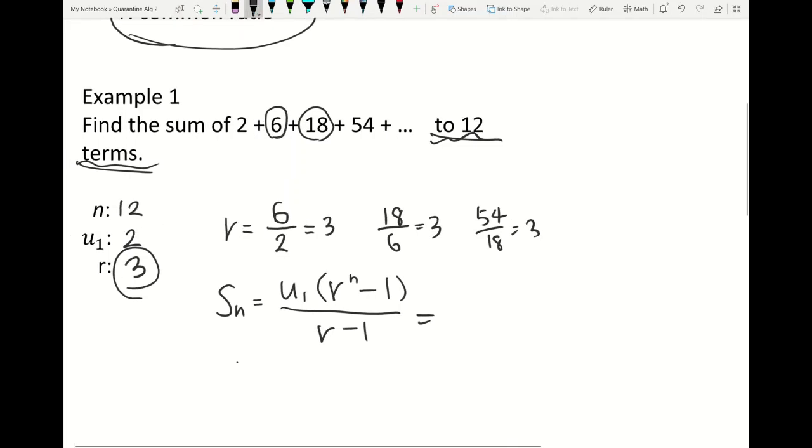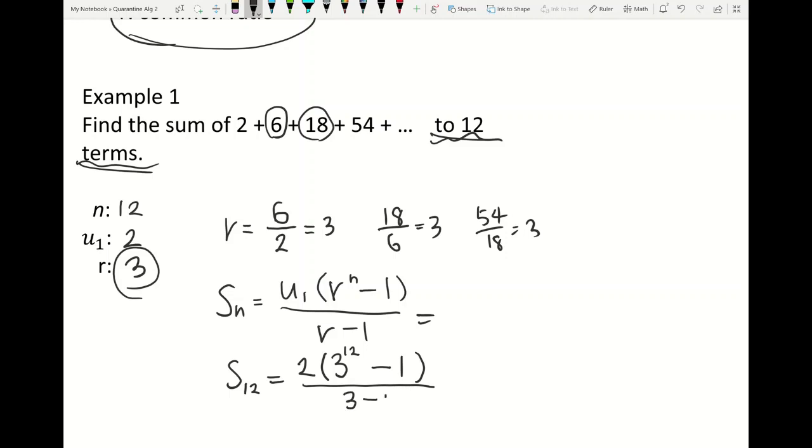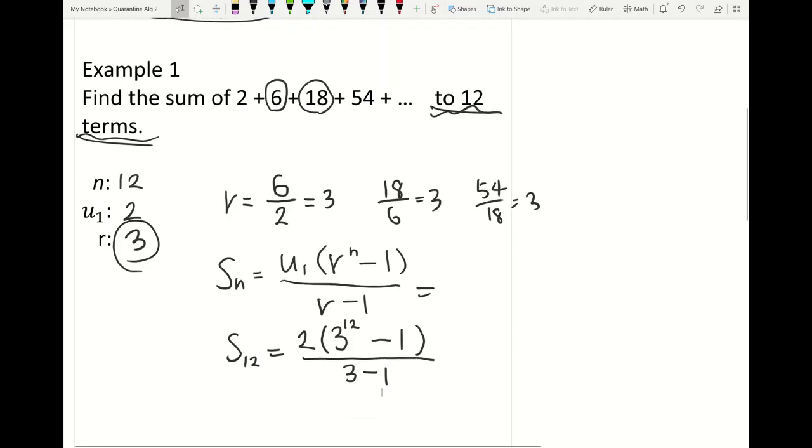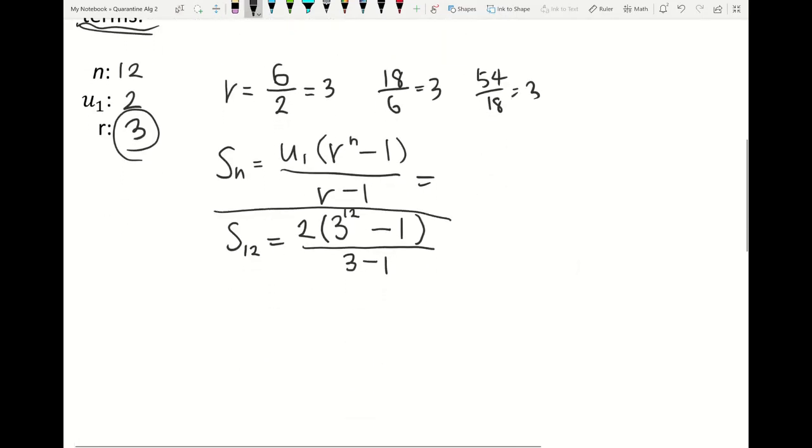So S sub 12 equals U1, what's U1? 2 times, what's R? 3 to the, what's N? 12th power minus 1, over R is 3, 3 minus 1. Okay, and then we're just going to take our calculator to figure out what this is.